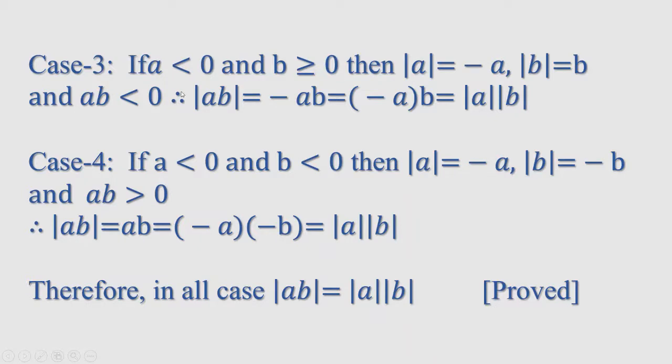Now case 3, if a is less than 0, that means a is negative and b is a positive number, then also from the definition, modulus of a equals minus a and modulus of b equals b.